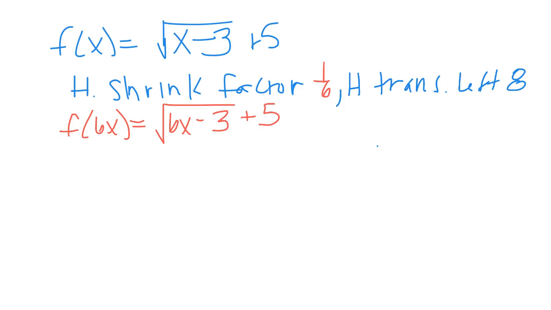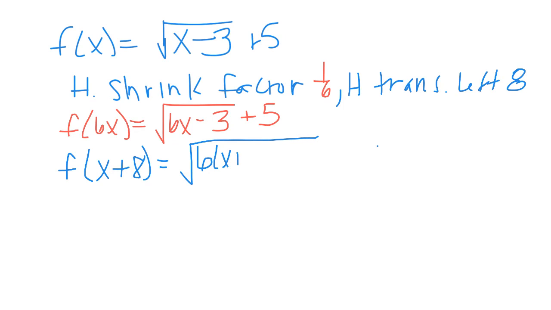And then what's next is a horizontal translation left 8. That's f of x plus 8. When this goes in, it's 6 times x plus 8 replacing the x in parentheses, and then minus 3 and plus our 5 out here. And this has to distribute.